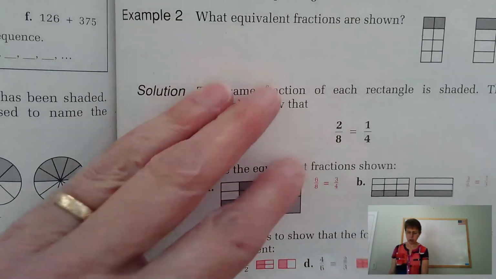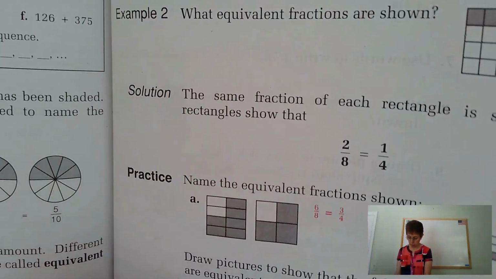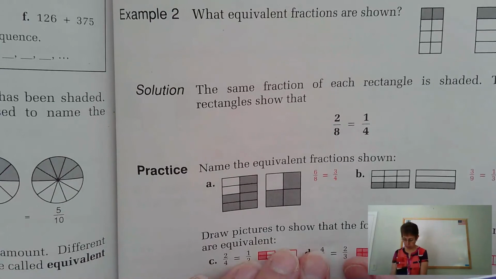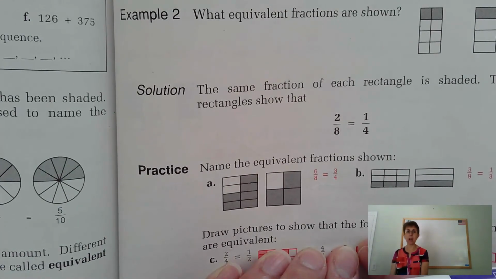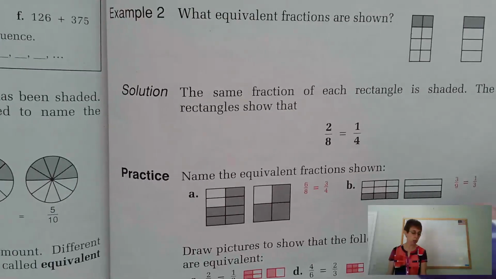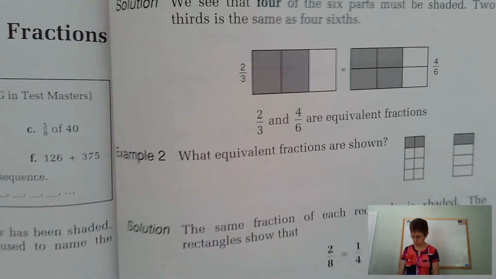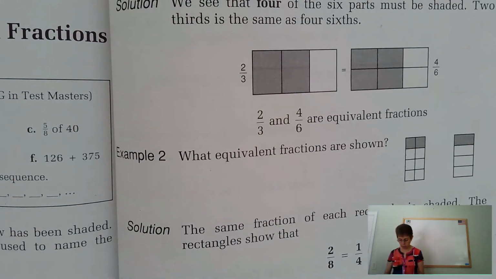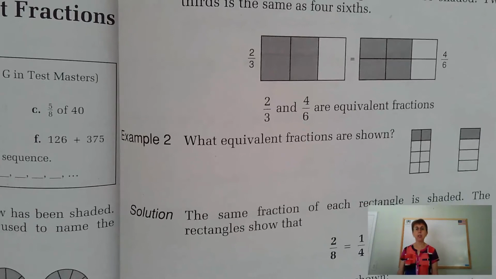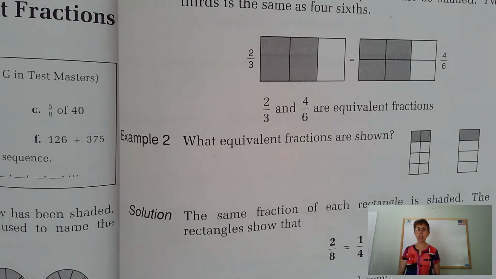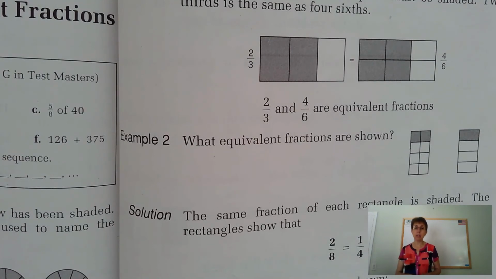Okay? All right. And then you can work on your own at the bottom where it asks you to draw pictures to show that the following pairs of fractions are equivalent. So if you would do that on your own, please. One of the things that you need to remember in drawing equivalent fractions is that the figures that you start with both need to be the same size.